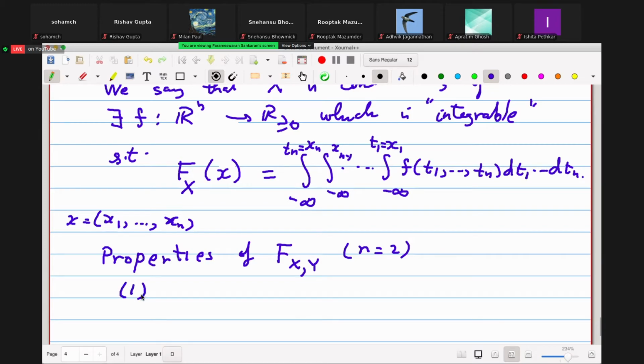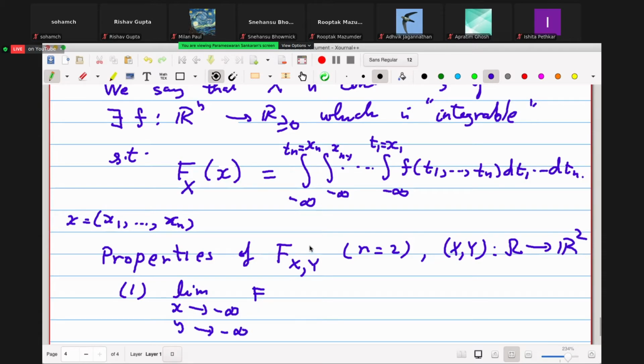Number 1. So here x comma y are random variables, so this maps to R2. And now the limit as x goes to minus infinity, y also goes to minus infinity, of f xy.